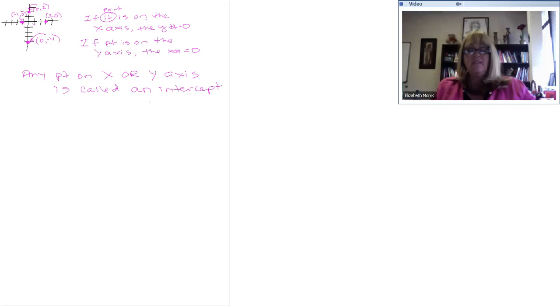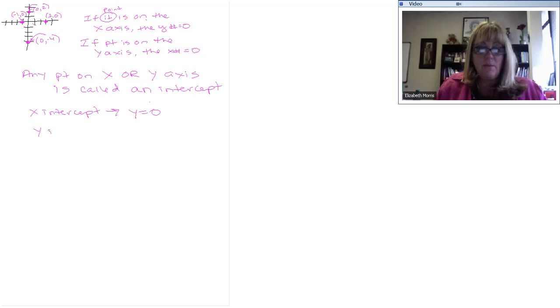And the uniqueness is an x-intercept, meaning it's on the x-axis. Remember, the y number is always equal to 0. And for a y-intercept, meaning it's on the y-axis, the x number is always equal to 0. You need to know that, because they are going to give you specific problems that look like this.